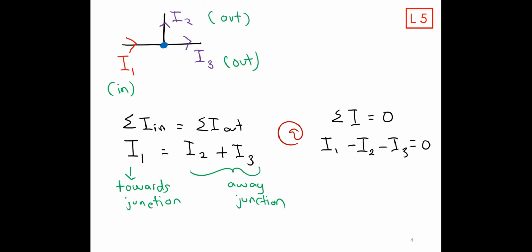So you have two methods, either total I in equals total I out, or total I equals 0. But I suggest you use total current in equals total current out, because it is easier for us to solve in a mathematical way.